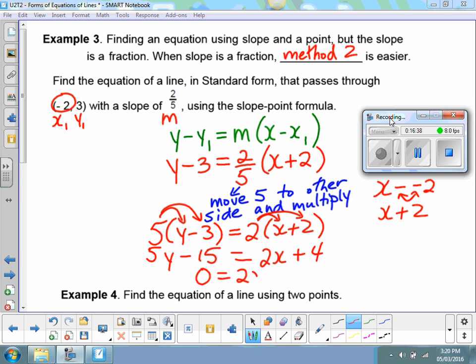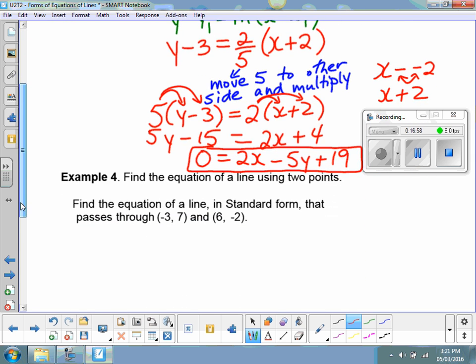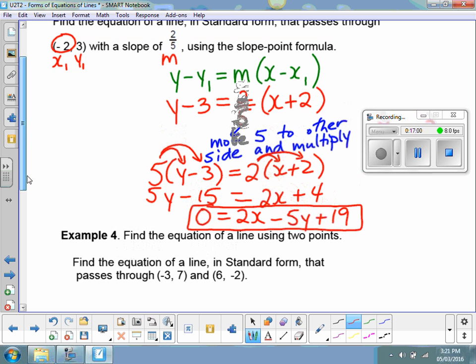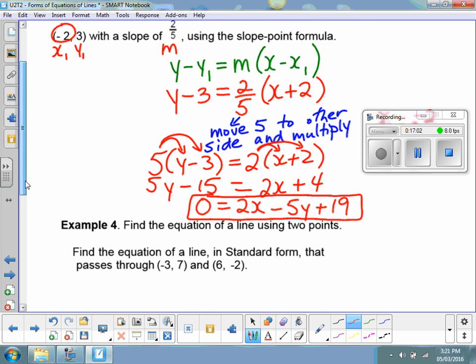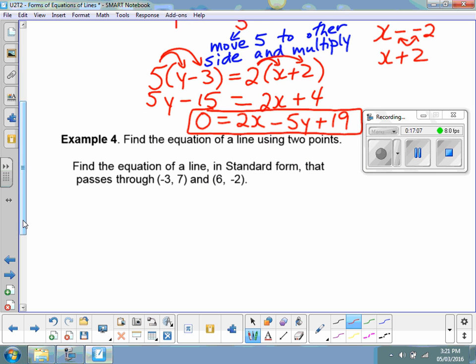And when you move it over and you simplify things, you're going to end up with 0 equals 2x minus 5y plus 19. So that's the deal with that one. So that's why it's easier to use method 2 when you have a fraction slope.